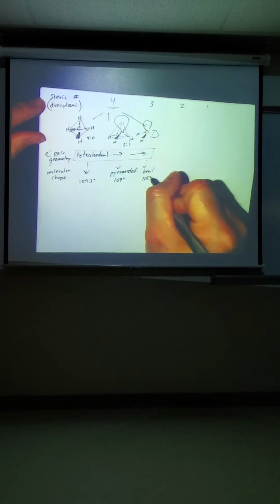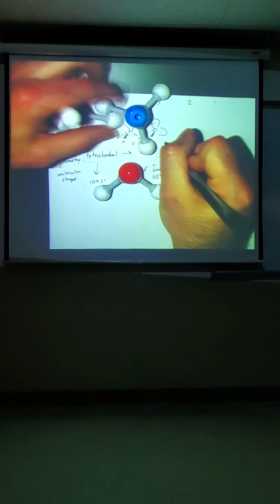Again, lose 2 degrees every time that happens. So again, here's a summary of the 4. You can have 4 bonds, 3 bonds and 1 lone pair, or 2 and 2, but either way, you're going to have 4 total directions. Lone pairs and bonding pairs count as a direction or a steric number. So that was group 4.